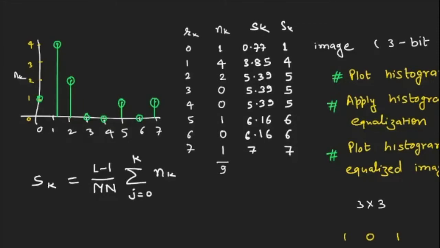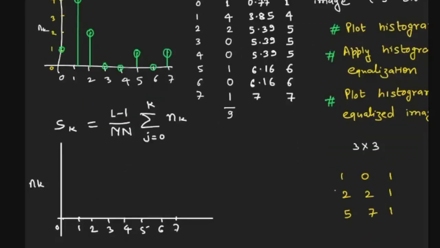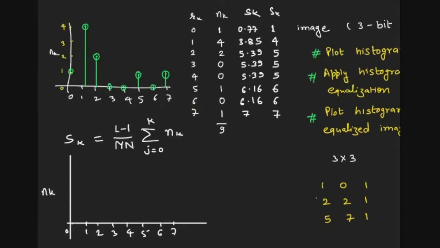We need to plot the new histogram. So now you need to calculate how many times each intensity level is coming. So now you compare RK with SK. Let us do it. My RK was initially 0, which had probability 1, has now become 1.